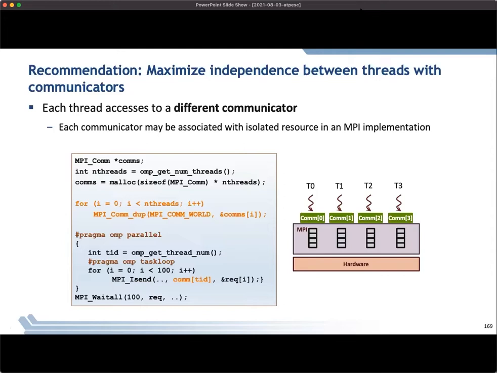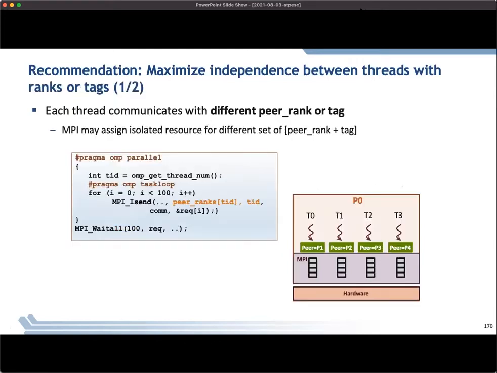Inside the MPI library, we then know that this traffic and that traffic are on different communicators, so they're isolated and the ordering between them is not important. For advanced MPI libraries, it's even possible to map these communicators to different network hardware resources, so we can further eliminate any serialization and locking needed when two threads access the same hardware resources.